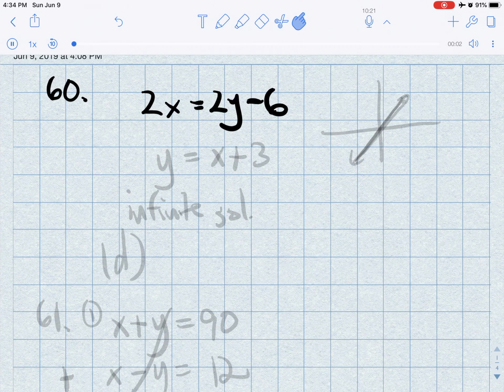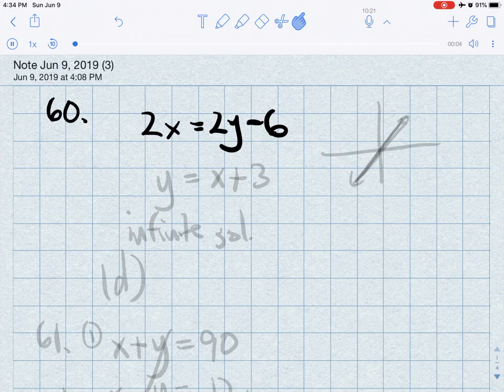Welcome back. Number 60. Well, we start with 2x equals 2y minus 6, and that is on the graph as that first increasing line when you look at it from left to right. But if you divided everything by 2 and solve for y, you would get the other equation, which is y equals x plus 3.